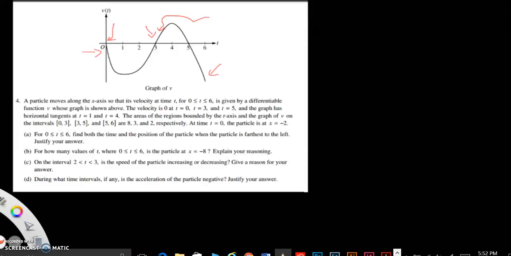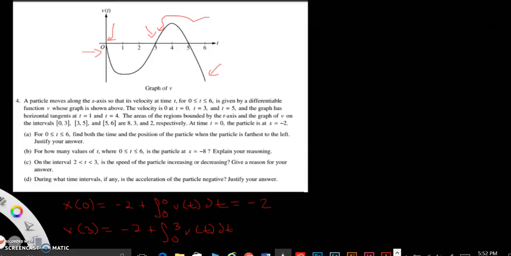So now when you do this, x of 0 is going to equal negative 2 plus the integral from 0 to 0 of v of t dt, which is just negative 2. Okay, so the next point is x of 3, which is going to be negative 2 plus the integral from 0 to 3 of v of t dt.